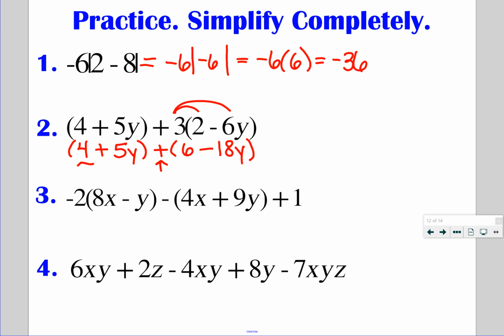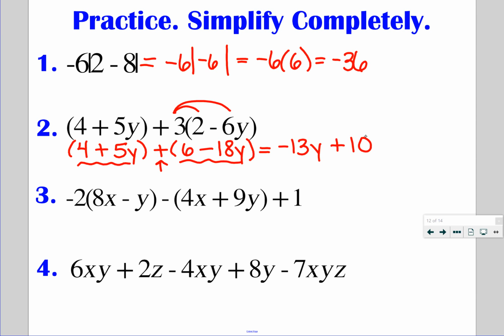You also can't simplify anything within the parentheses because 4 and 5y, 6 and 18y are all different terms. So at this point, if you drop the parentheses, all you can do is combine the y's, 5y and negative 18y. Combine them together to be negative 13y, 4 and 6, which give you a 10.